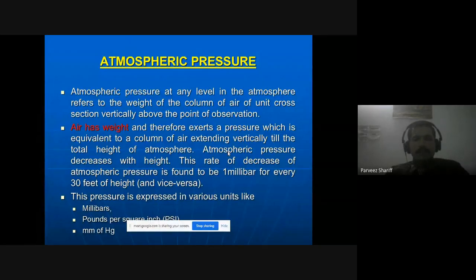The atmospheric pressure decreases with height, and the rate of decrease is 1 millibar for every 30 feet of height. So the standard notation of pressure is millibar, or psi, pounds per square inch, or mm of Hg.